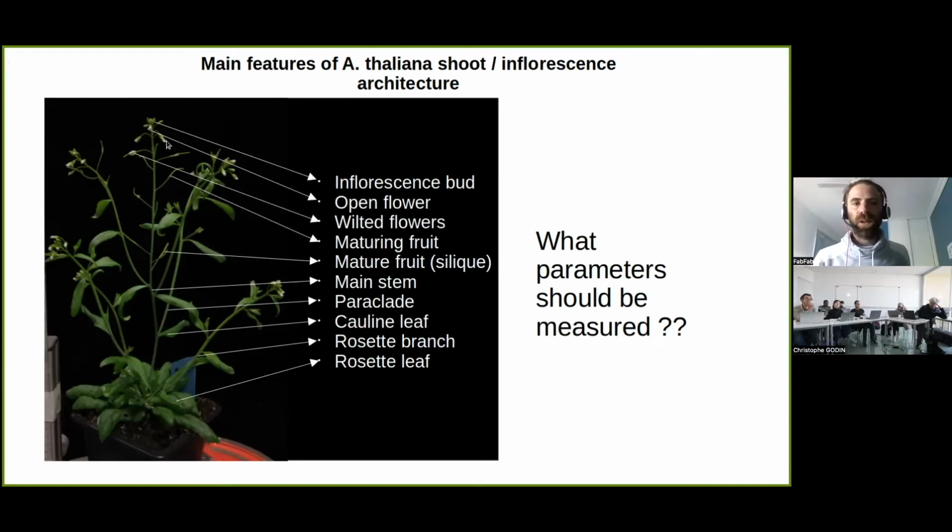So here is the time window where pollination can occur. They are mature and produce pollen grains, and the female gynoecium is also ready to be pollinated.